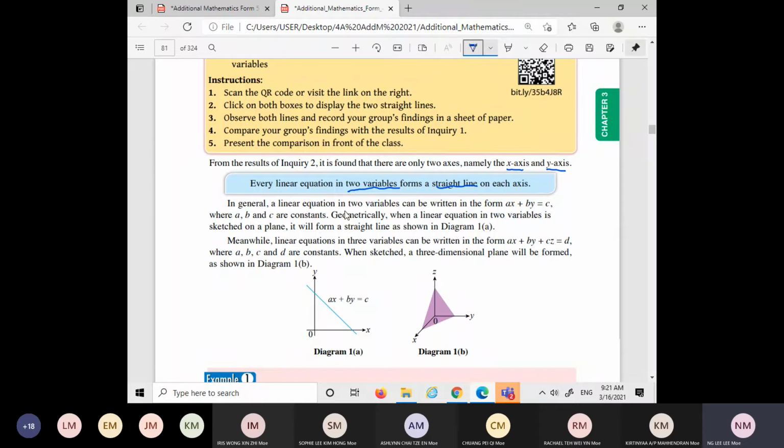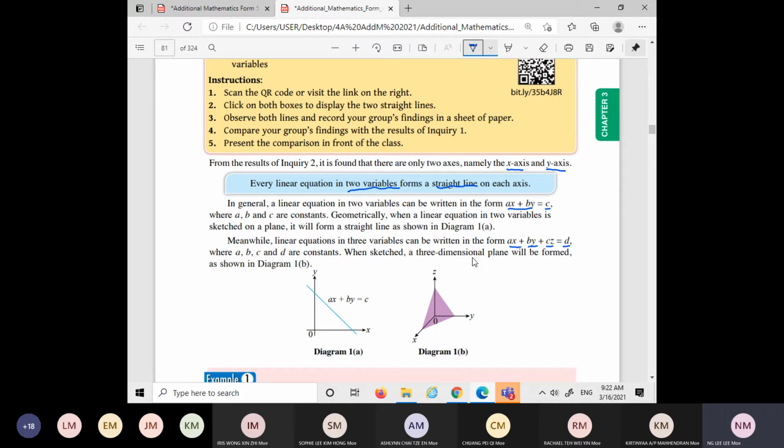So in general, a linear equation in two variables can be written in this form. We call it the general form: ax plus by equals c. Geometrically, when a linear equation in two variables is sketched on a plane, it will form a straight line. Meanwhile, a linear equation in three variables can be written in this form: ax plus by plus cz equals d.